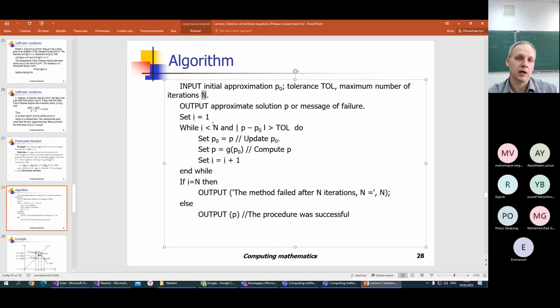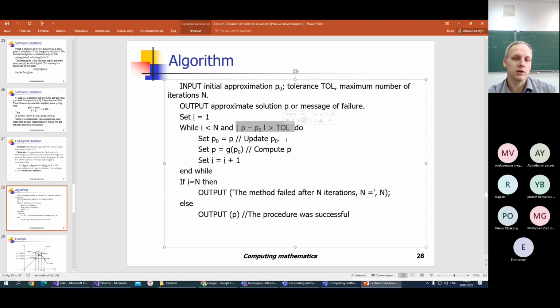The output of the algorithm is a solution P or a message of failure. And the main loop is written here. While i is smaller than n and the difference between P and P0 is greater than the tolerance, we do two main steps.